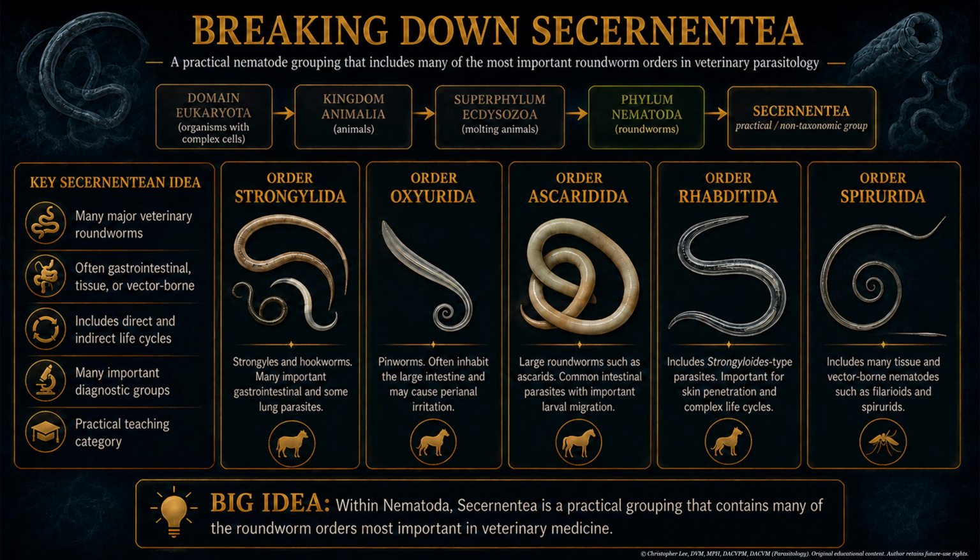Rhabditida includes Strongyloides-type parasites, including organisms with skin penetration and complex life cycle features. Spirurida includes many tissue-associated and vector-borne nematodes, including filarioids and spiruroids. The takeaway is that Secernentea is a practical way to organize many of the nematodes that matter clinically.